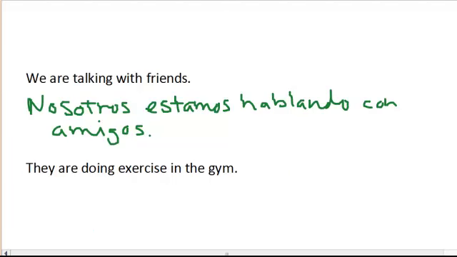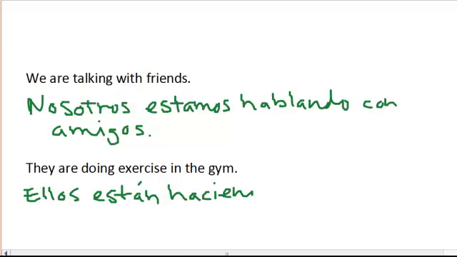And the very last example that I have is they are doing exercise in the gym. Ellos están haciendo ejercicios en el gimnasio.